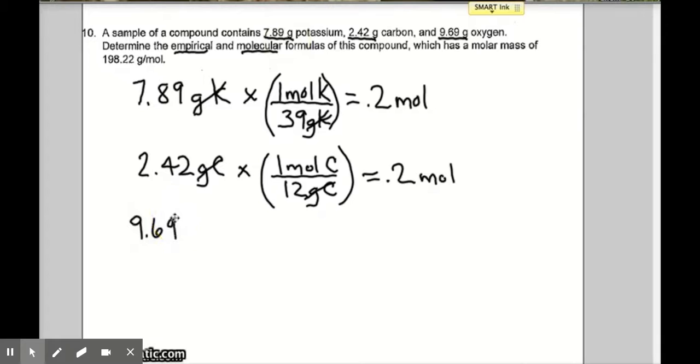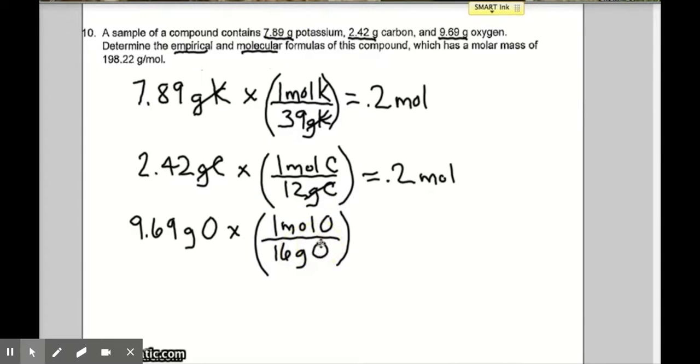So lastly, we have 9.69 grams of oxygen, and we would multiply that by 1 mole of oxygen over 16 grams of oxygen. So 9.69 divided by 16 gives you 0.6 moles of oxygen.